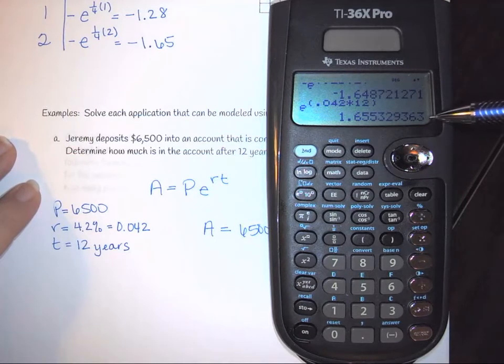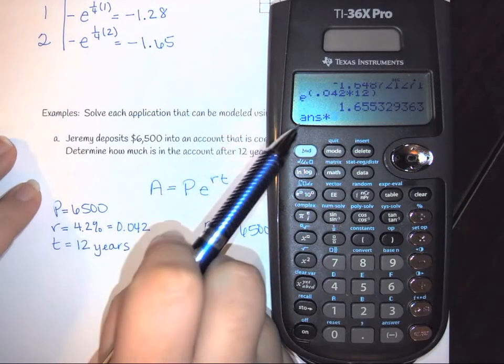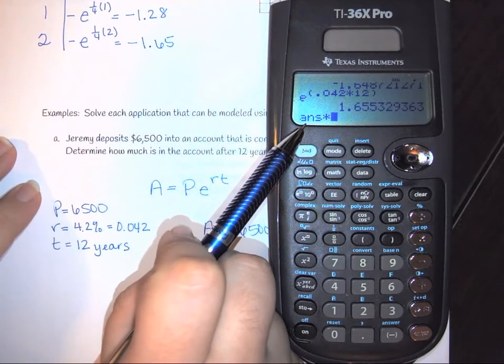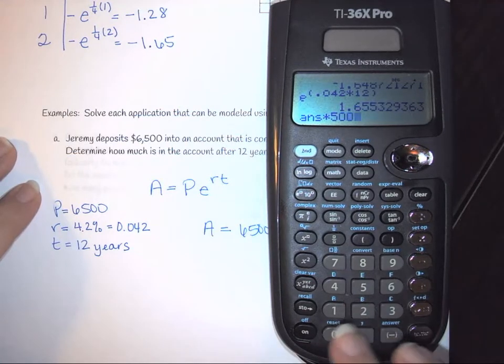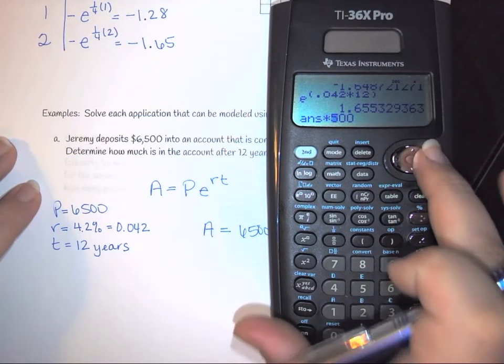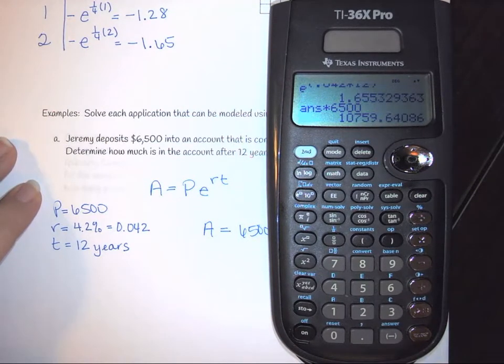Now this value right here is going to be held in your calculator as a saved answer. So I can simply hit the multiplication. So notice it says Ans times. So ANS stands for the last answer in your calculator. And I want to multiply this by 6,500. And hit enter.